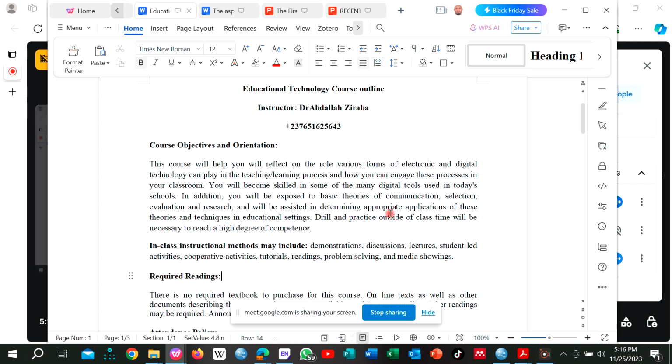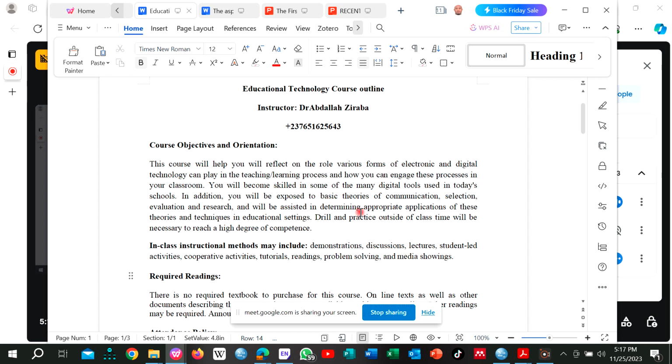But now it was more blended. It became more relevant, more interesting, because whenever we talk about educational technology, we are not only focused on the traditional technologies and approaches. Now we are integrating digital and electronic technologies that are instrumental in helping the teaching and learning process.